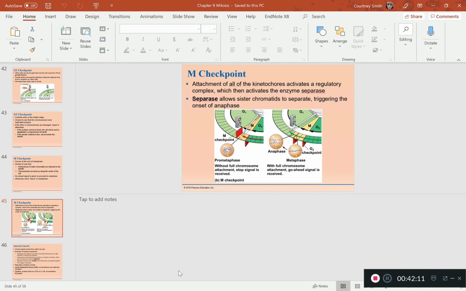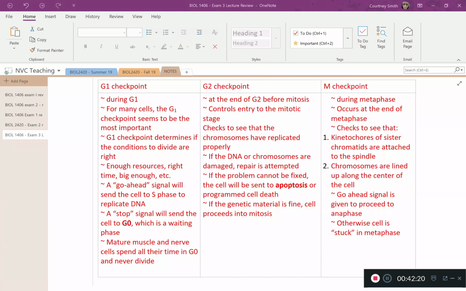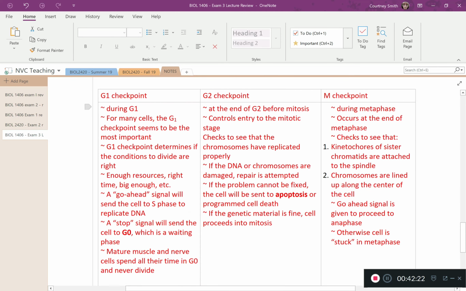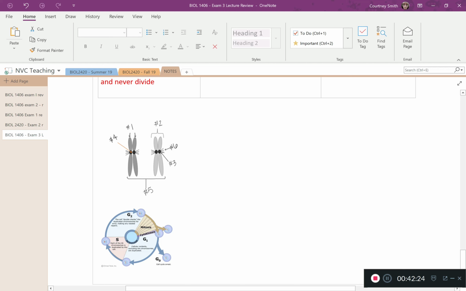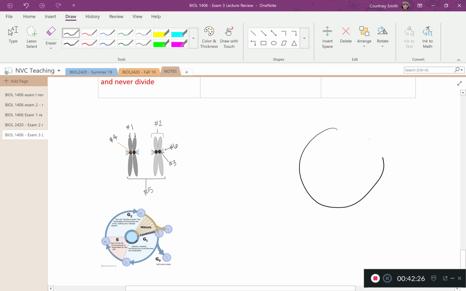So if you have, let me get my pen. Let me make this bigger. Actually, let me just go onto this page. So essentially, let's say that you have a cell, and then you have your chromosomes. I'm just going to do 2 because it makes it easy. You have your sister chromatids over here, and then you have one that's not attached to the center.